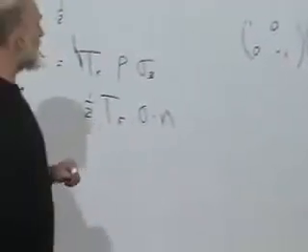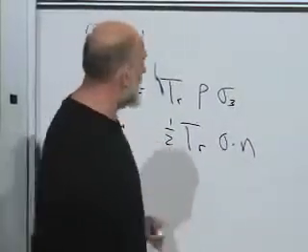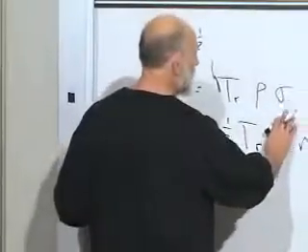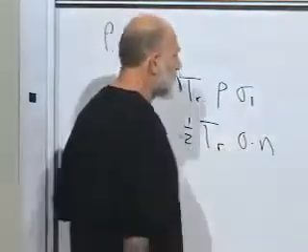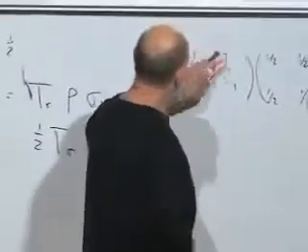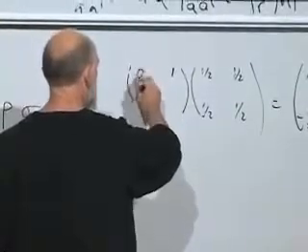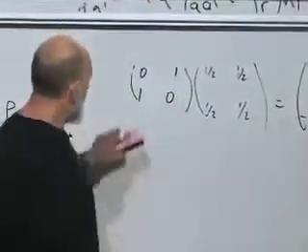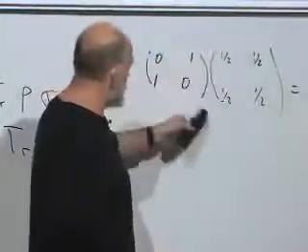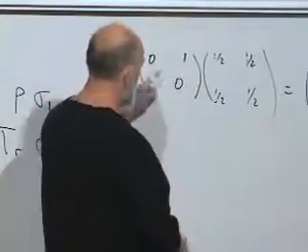The same will be true of sigma 2, but let's calculate the trace of the product rho times sigma 1 now. Let's put sigma 1 there and see what we get. Sigma 1 was the matrix 0, 1, 1, 0. On the top row times the first column, we get a half.